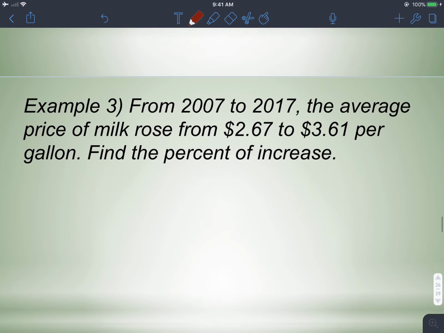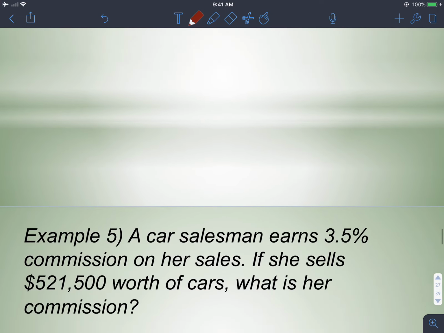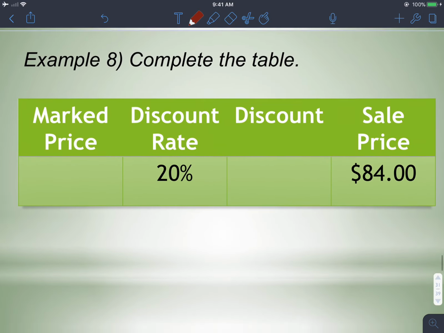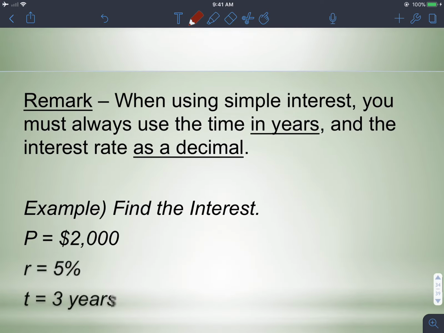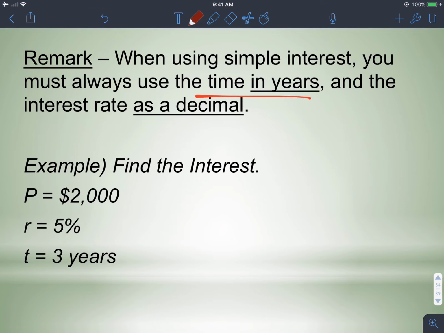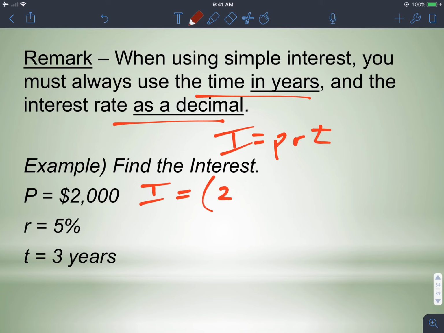Let's do an interest rate problem. Time in years, interest rate as a decimal. All right. Find the interest. I is equal to 2,000 multiplied with 0.05 times 3.